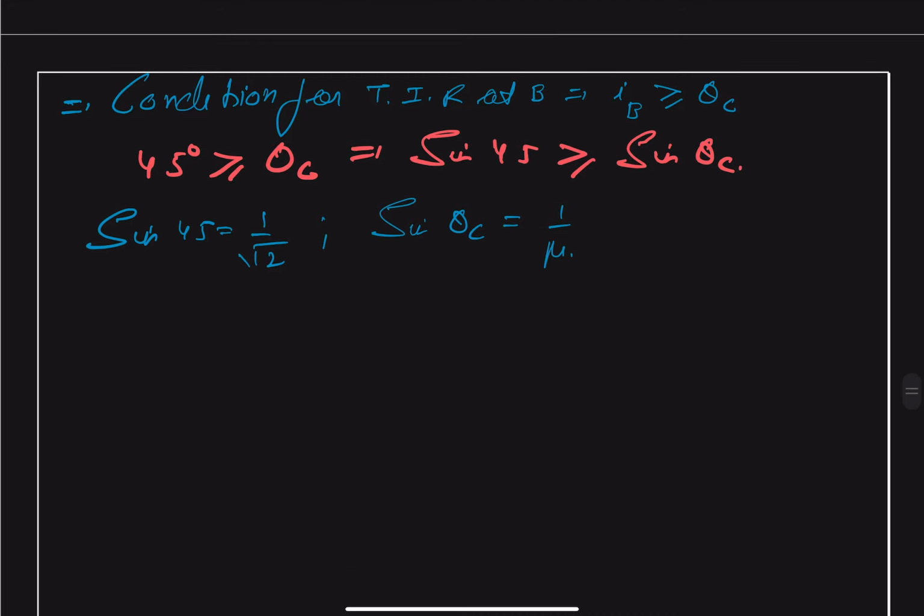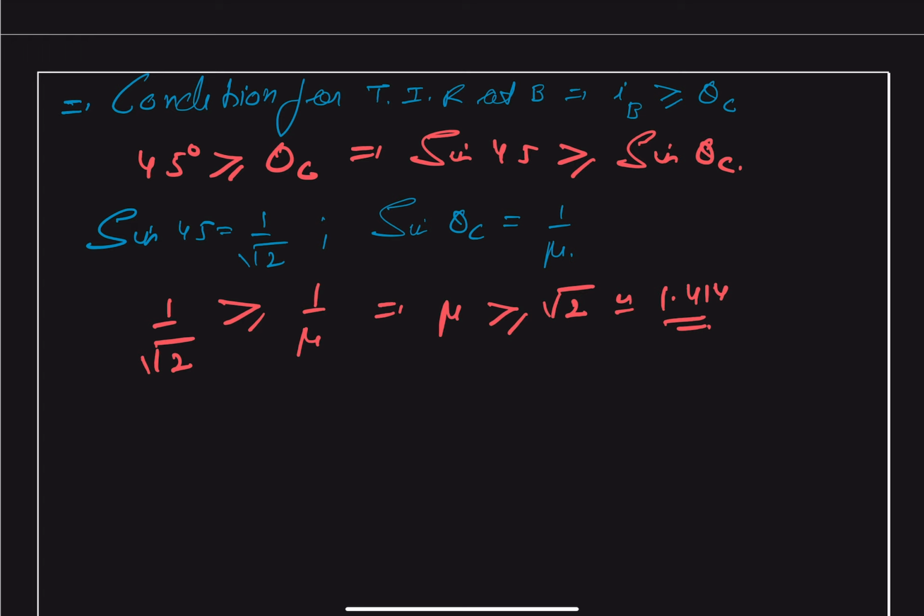So we substitute the values, we get 1 upon square root of 2 is greater than or equal to 1 upon mu, and from here we get that mu is greater than or equal to square root of 2, which is approximately 1.414.